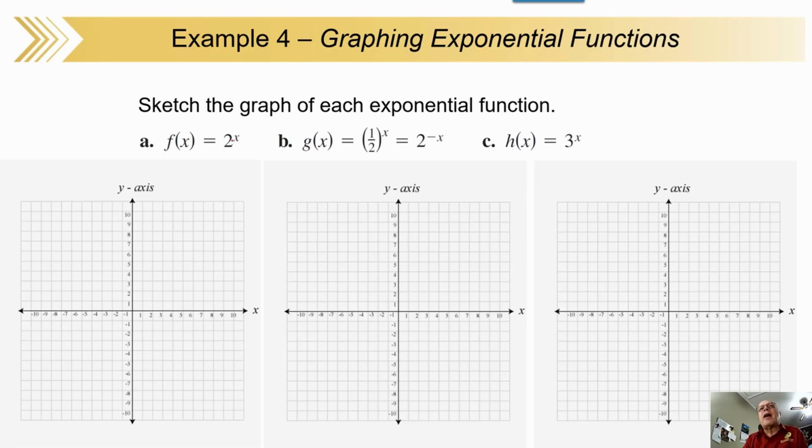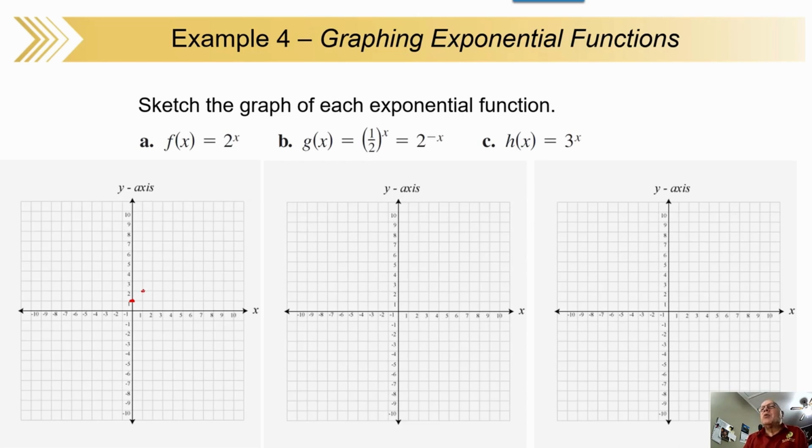Now, how do you graph it? Well, one point you always know is if you put a 0 in for this x, you get a 1. Remember that? So 0, 1 is going to be one of those points. And if I put a 1 there, I'll end up with a 2. So 1, 2. I've got a pair of points already.